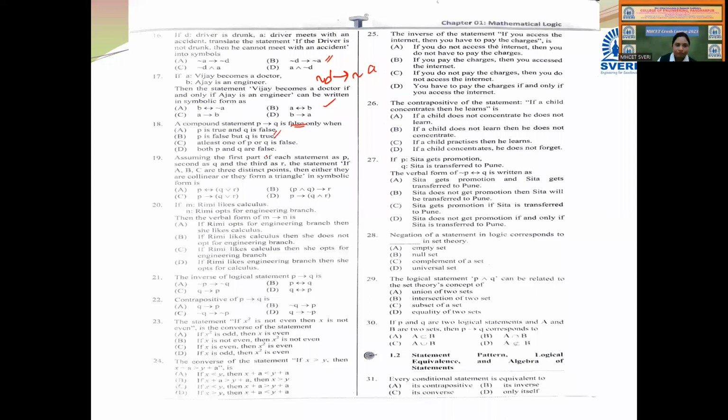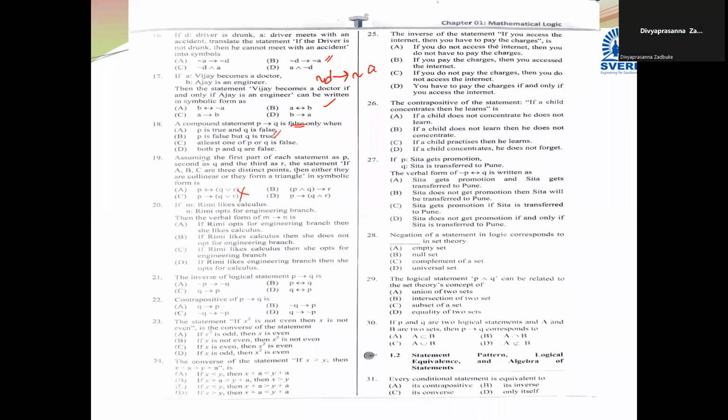What will it be? Option C. If-then means implication, a simple arrow, not a double arrow, so this option is cancelled. Where is the first part?